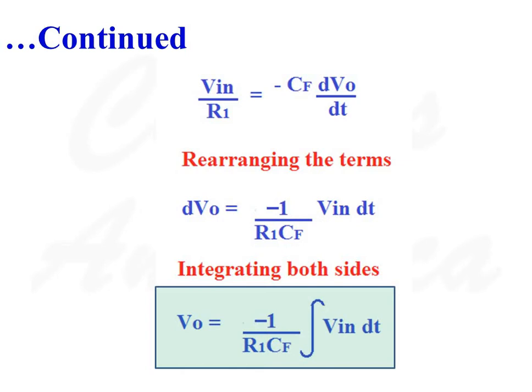Rearranging the terms, we will get dV0 is equal to minus 1 by R1 Cf Vin dt. Now integrating both sides, we will get V0 is equal to minus 1 by R1 Cf integral Vin dt. So here output of the integrator is proportional to integral of the input signal, so the name integrator.